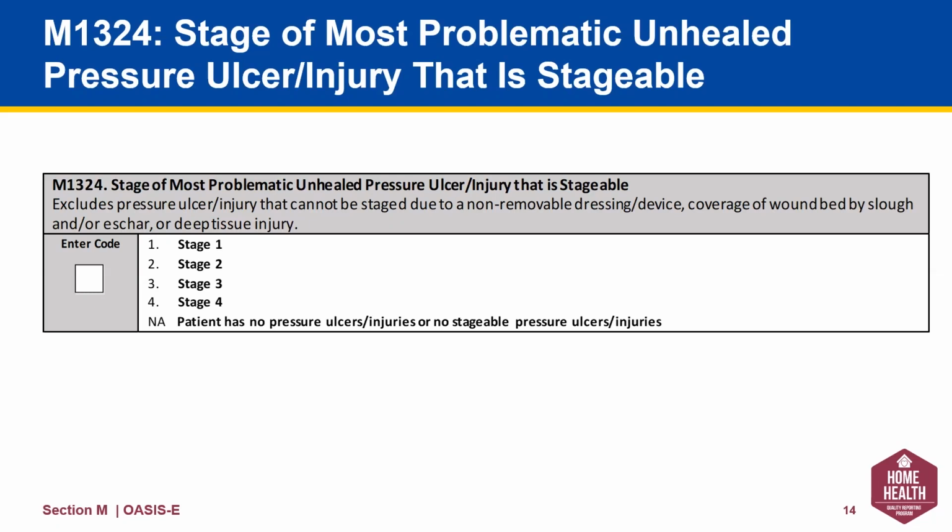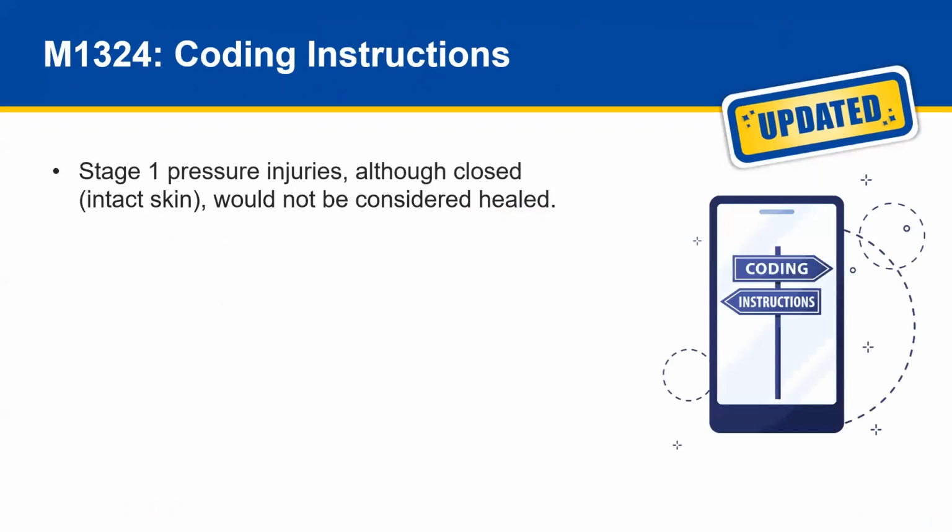In the gray box, it tells us that M1324 excludes pressure ulcer or injury that cannot be staged due to a non-removable dressing or device, coverage of the wound bed by slough and/or eschar, or a deep tissue injury. Remember that stage 1 pressure injuries, although closed, intact skin, would not be considered healed.